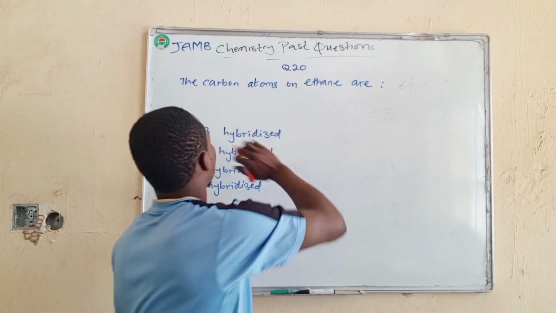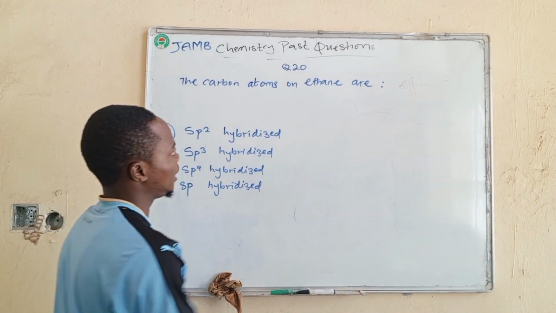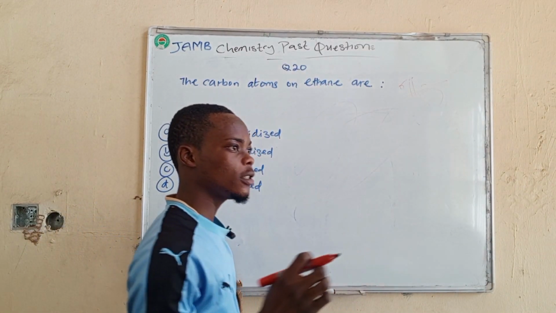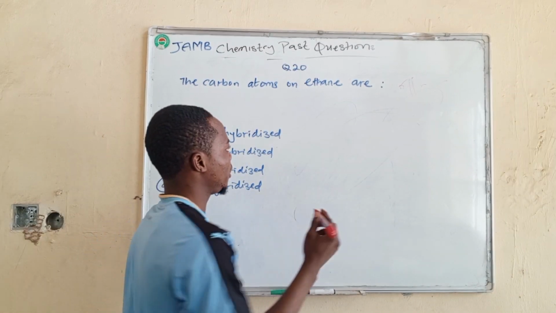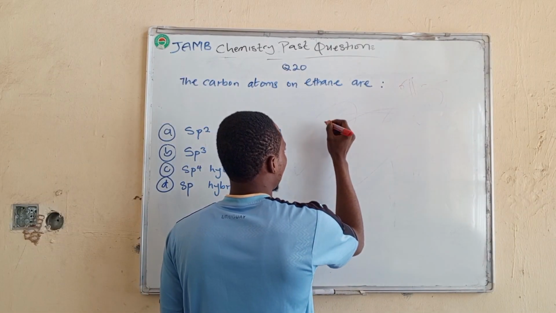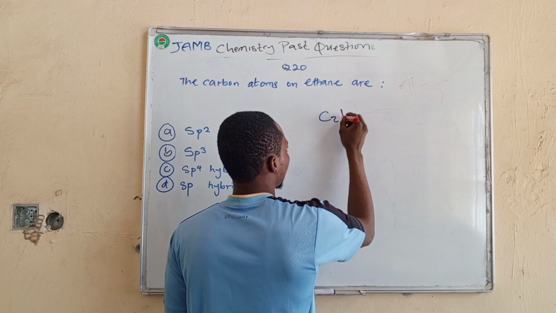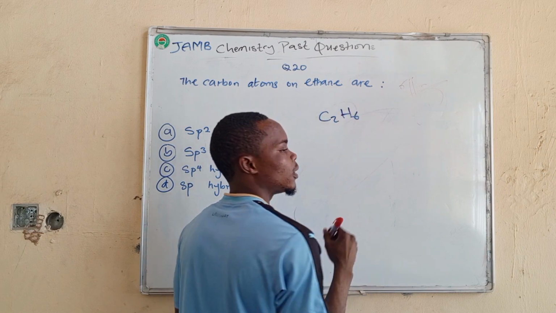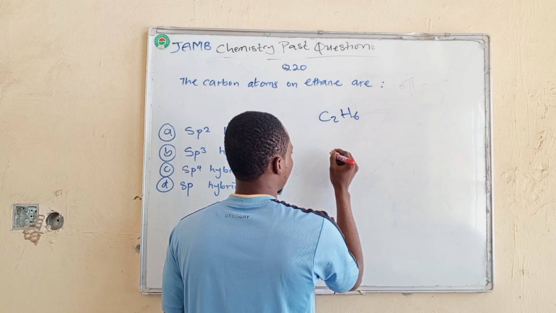Question number 20. The carbon atoms in ethane are dash. So the first thing you need to do here is to draw the structure of ethane. Here is the molecular formula of ethane, C2H6. So this is the structure.